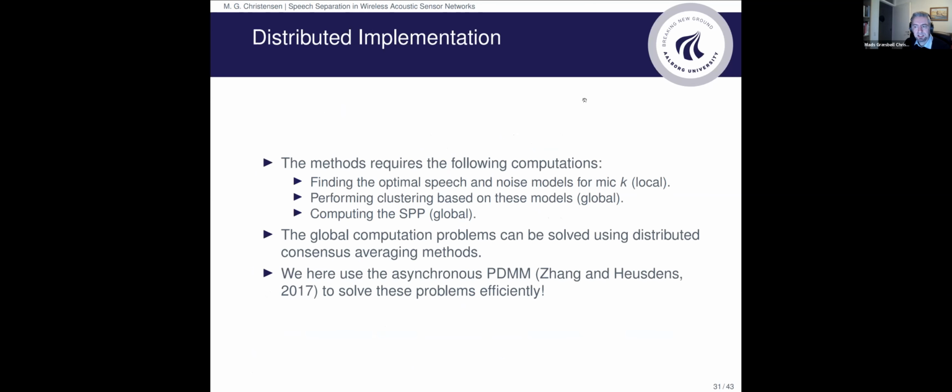The computations involved are finding optimal speech and noise models for microphone K, which is a local computation; performing a clustering based on these models, which is a global computation; and computing the speech presence probability, which is also a global computation. The global computation problems can be solved using distributed consensus averaging methods, and the one we used in our work is the asynchronous PDMM method, which can solve these problems efficiently.